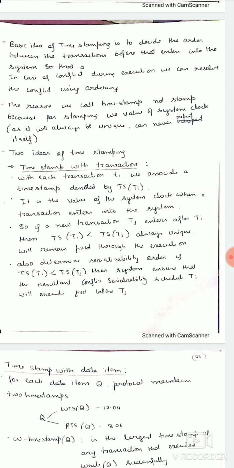After that, at a new time the next instruction will arrive. Again at 9 o'clock no instruction will arrive, because that time is gone. So the next instruction that arrives will be after that time. So it is called a unique number, and it is not going to repeat by itself. So it is called a timestamp, not only a stamp.